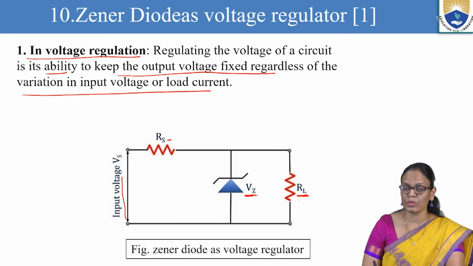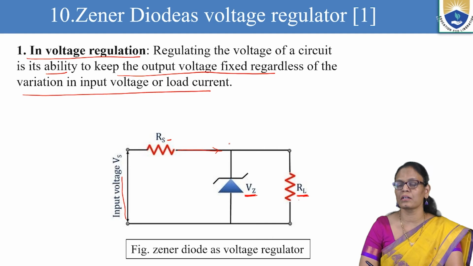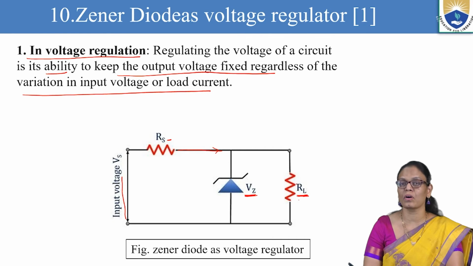Whenever the current reaches a threshold value where it cannot hold, the Zener diode becomes conducting and the excess current flows through it, and only the allowed current flows through the load, thereby protecting the device.